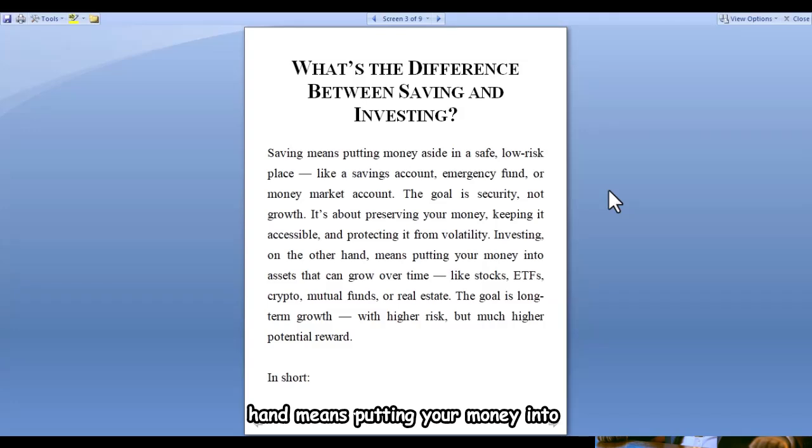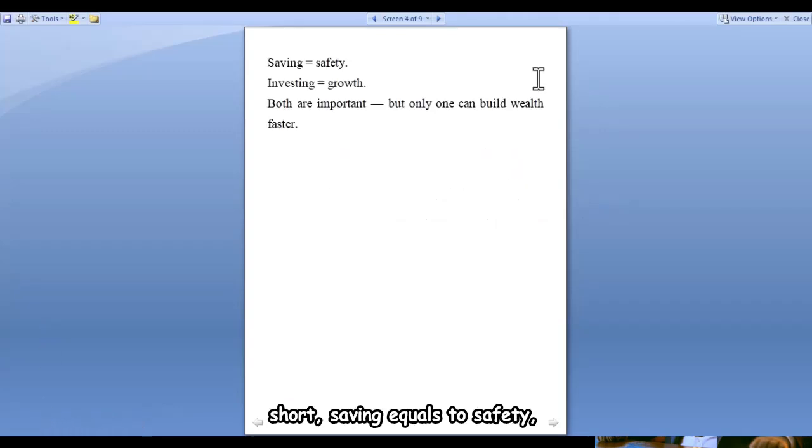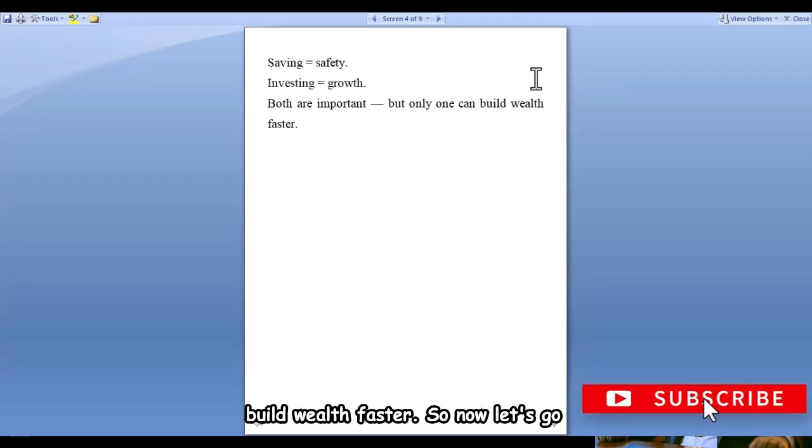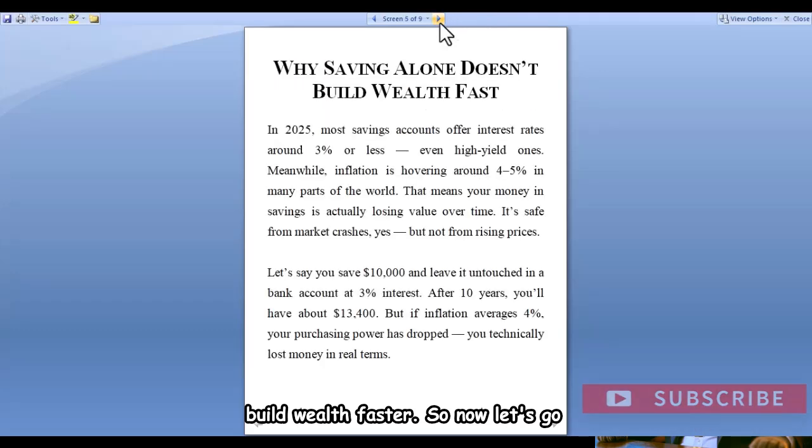Investing, on the other hand, means putting your money into assets that can grow over time, like stocks, ETFs, crypto, mutual funds, or real estate. The goal is long-term growth with higher risk but much higher potential reward. In short, saving equals safety, investing equals growth. Both are important, but only one can build wealth faster. So now let's go to the next page.